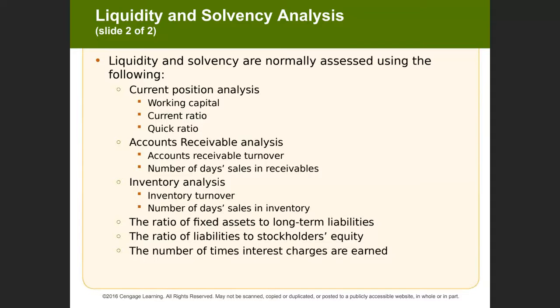When looking at the current position analysis, you have working capital, current ratio, and quick ratio. When looking at accounts receivable analysis, we use accounts receivable turnover, or the number of days sales in receivables. With inventory analysis, we use the inventory turnover, or number of days sales in inventory.